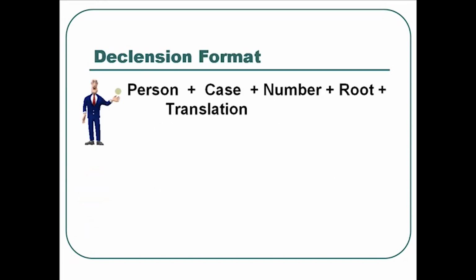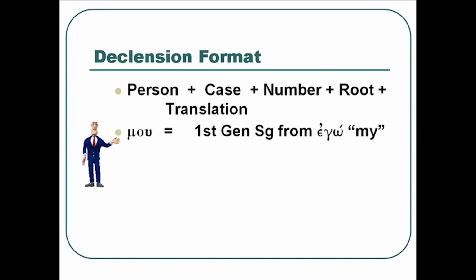Here are a couple examples using the parsing format or the declension format for the personal pronouns. Generally, you give the person, the case, and the number, followed by the root, and then translate the form that you got. So our first example is mu.